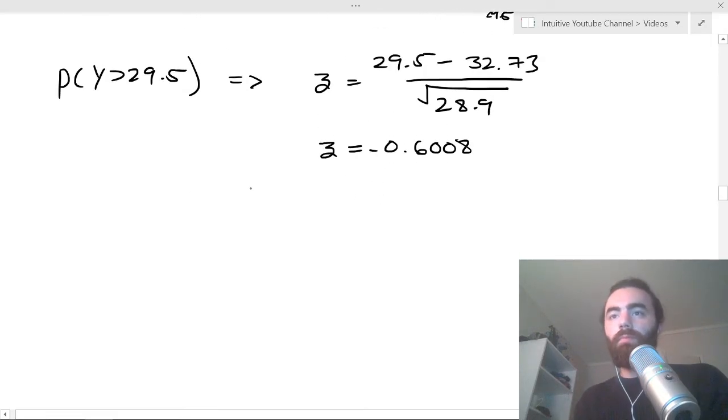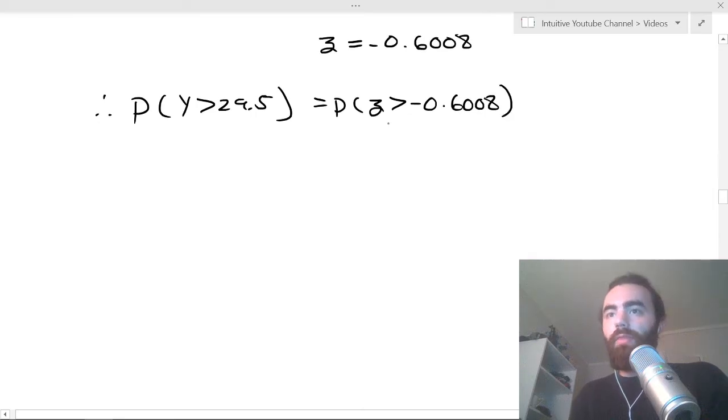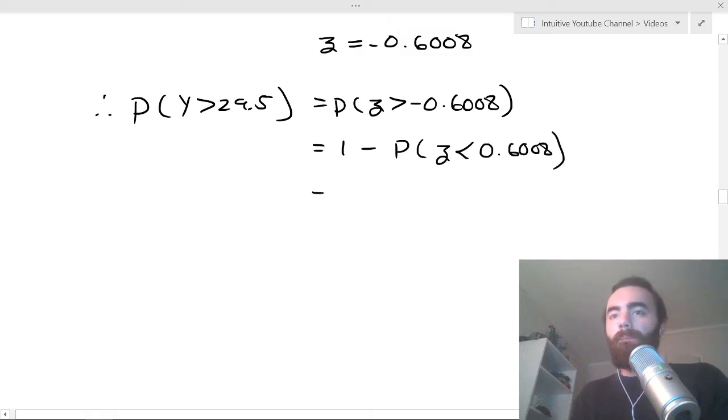So therefore the probability that Y is greater than 29.5 equals the probability that z is greater than negative 0.6008. And that equals 1 minus the probability that z is less than 0.6008, which is 1 minus this.